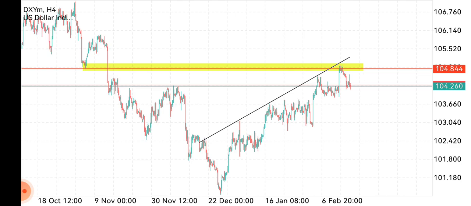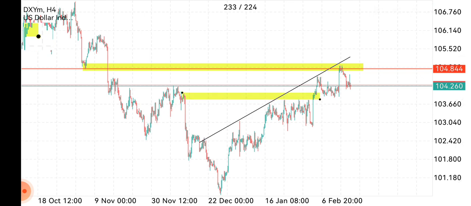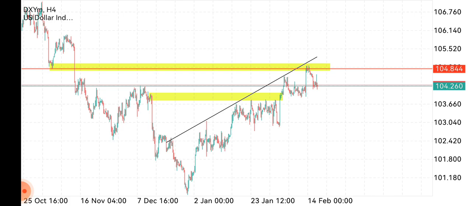Now, if you can check nicely, on dollar index we had a supply zone there, which they broke. So the demand zone that is responsible for that supply zone to be broken is this one here.